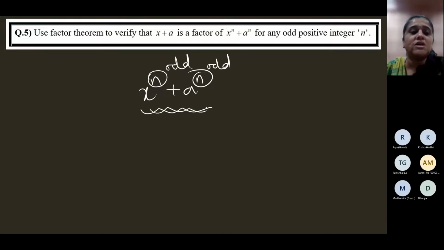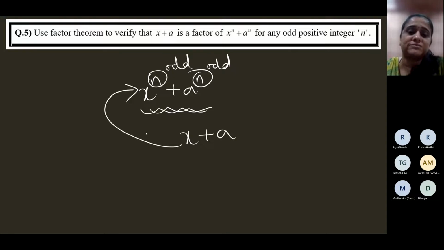For this expression, you must prove that x plus a is always a factor of x to the power n plus a to the power n, where n is any odd number.